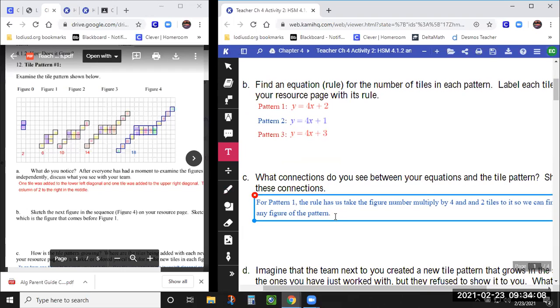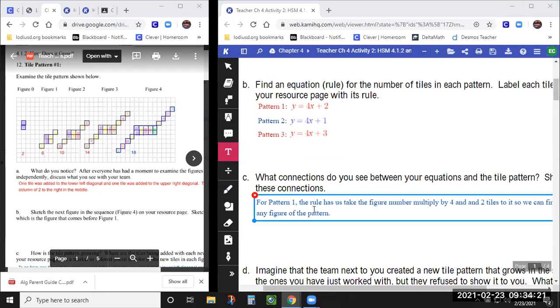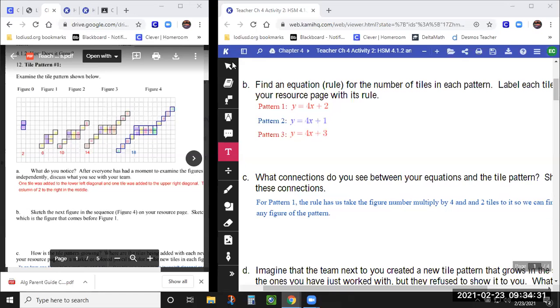Okay, are we going to be saying that the instructions for pattern 2 and the instructions for pattern 3 are going to be all that much different? Are the words we're going to use to describe pattern 2 and pattern 3 different than that?